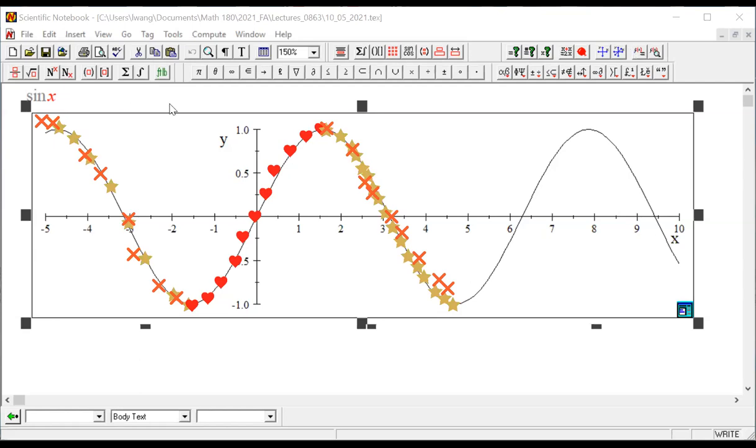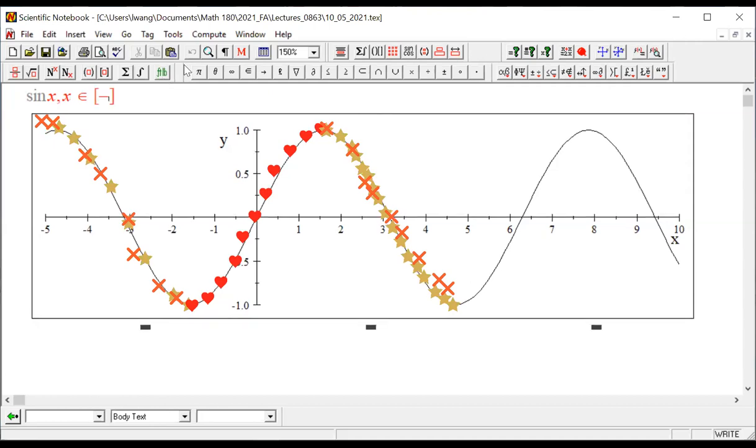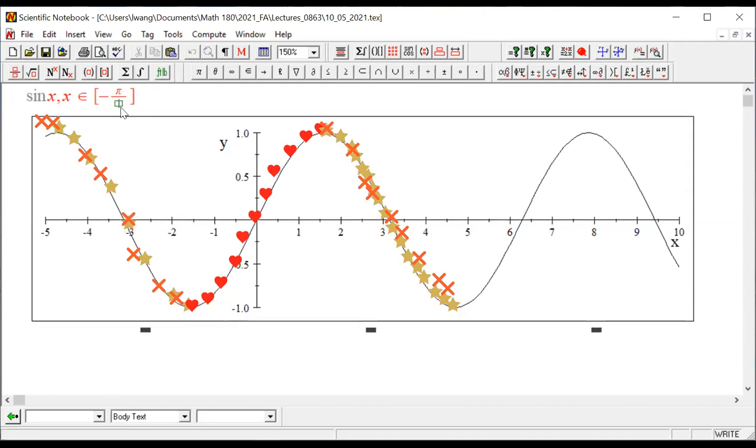This creates a new function. For this new function, we're going to specify that x is between -pi/2 to pi/2.